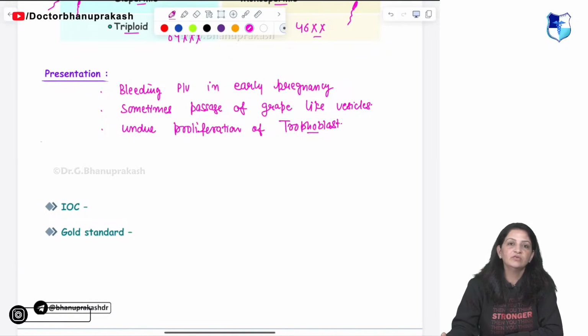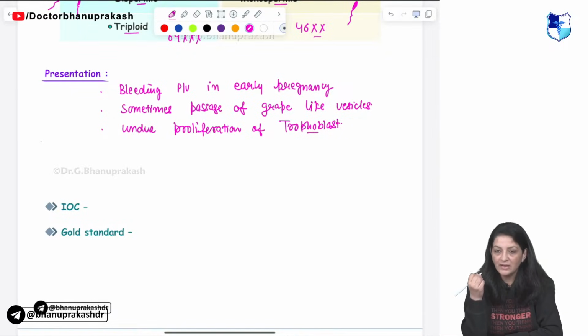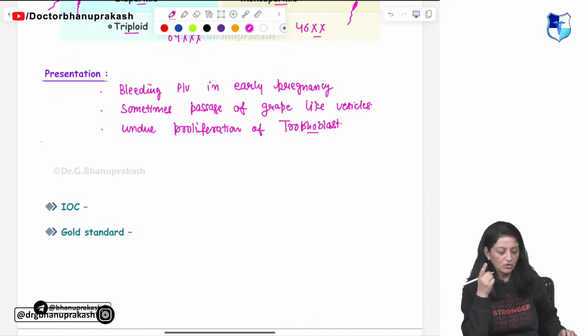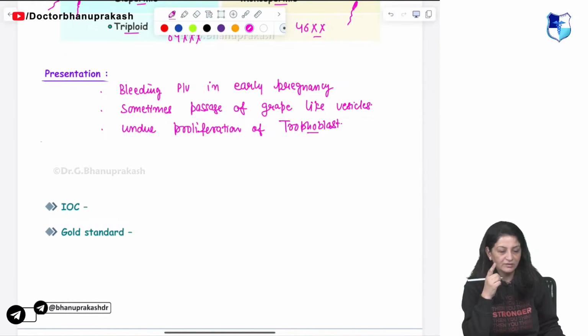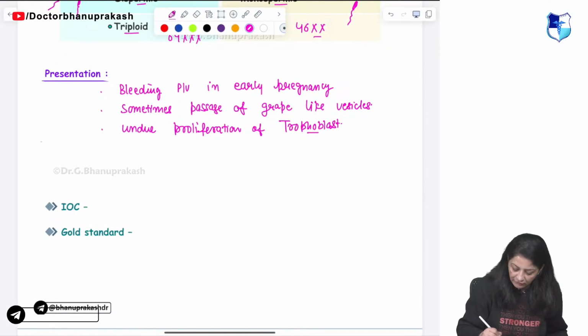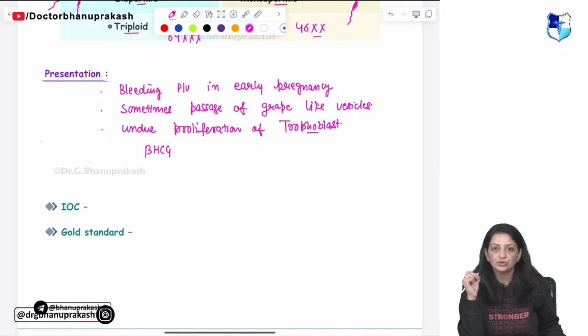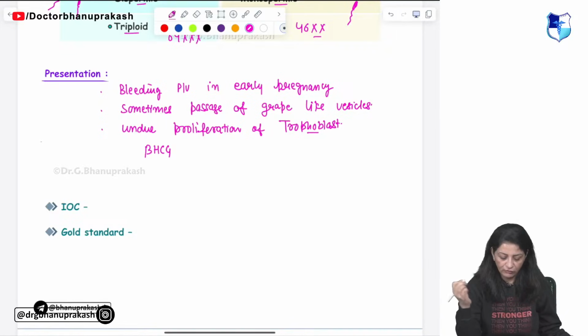Okay, so undue proliferation of trophoblast. So which hormone is secreted by syncytiotrophoblast? First hormone in pregnancy secreted by syncytiotrophoblast. What is the name of that hormone? So as I told you, molar pregnancy is an abnormal proliferation of trophoblast, means excessive trophoblast.